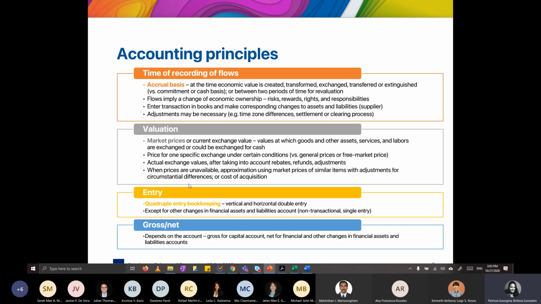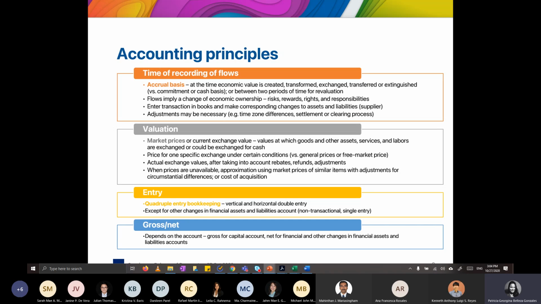And then we have the gross or net recording. It actually depends on the account. For the capital account, the recording of assets and of credits and debits is on a gross basis, whereas for the financial and other changes in financial assets and liabilities accounts, the recording of assets and liabilities is on a net basis. When we say net, it's not netting assets minus liabilities.